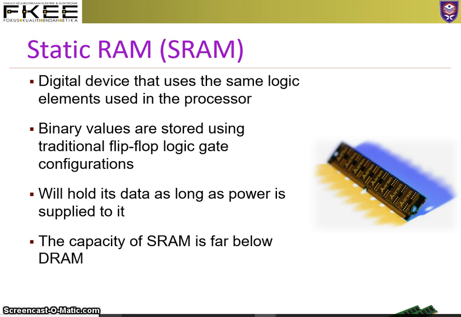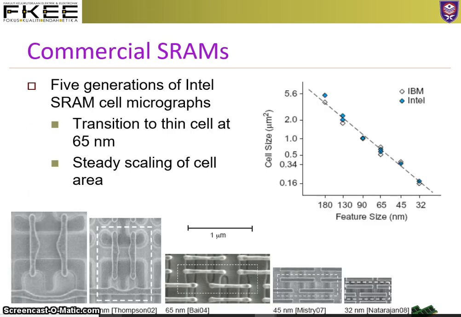The capacitor of SRAM is far below the DRAM because it takes more area compared to the DRAM. SRAM is widely used for cache memory, and in this example we have 130 nanometer technology up until 32 nanometer technology.